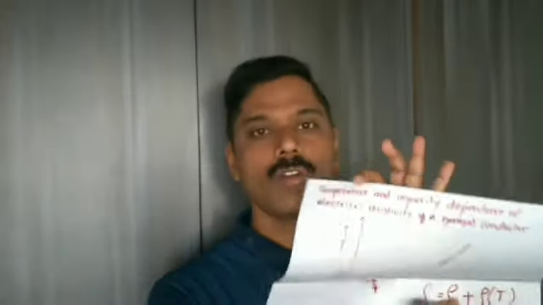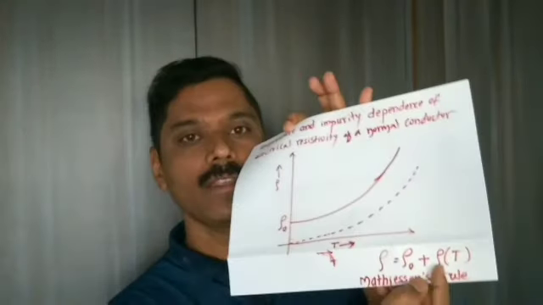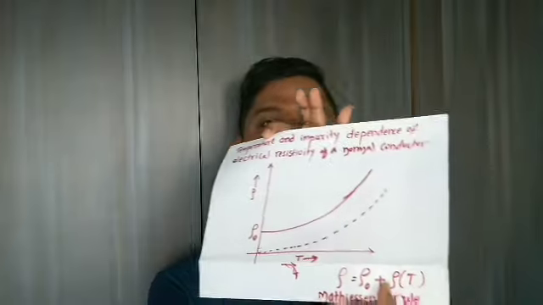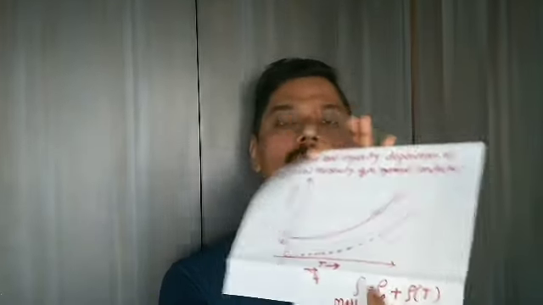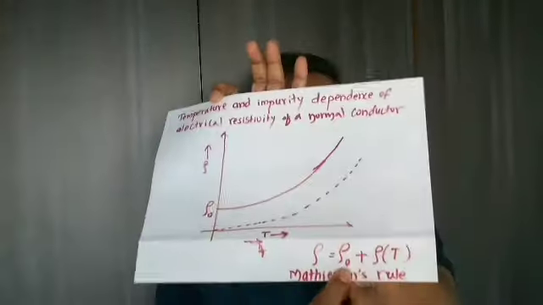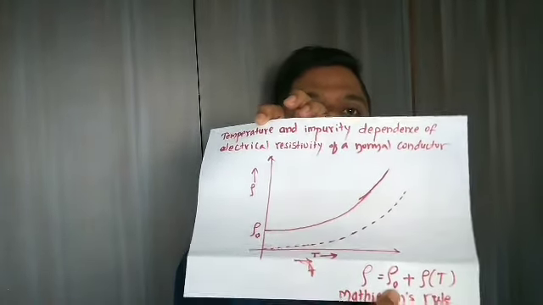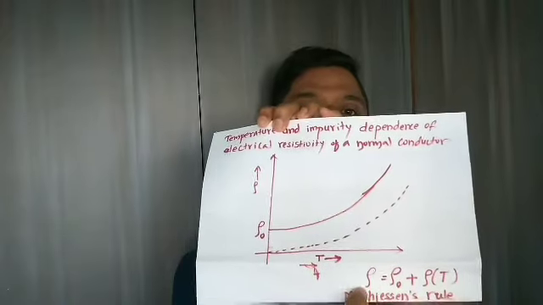Rho is equal to rho naught plus rho T. Rho T represents the temperature dependent resistivity and this rho naught is the impurity scattering resistivity. So total resistivity is the sum of the two. This is called Matthiessen's rule. This is all about the temperature and impurity dependence of electrical resistivity in a conductor.